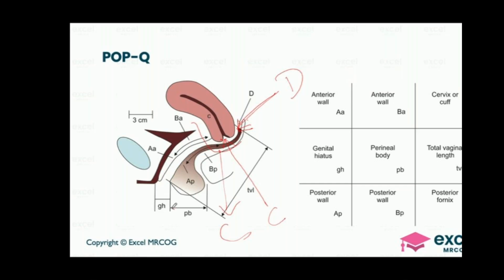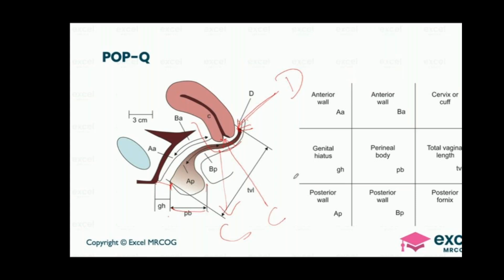And you have your perineal body and your genital hiatus. Perineal body is from the posterior fourchette to the midpoint of the anus, and genital hiatus is from the front, that is the clitoris, to the posterior edge of the hymen.